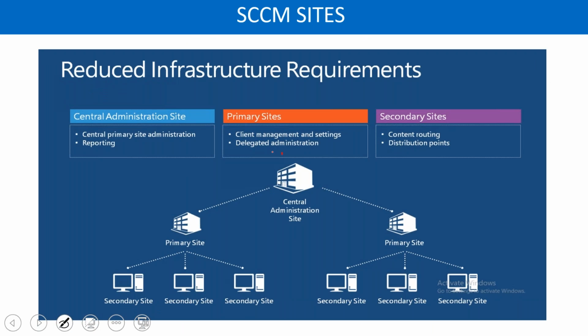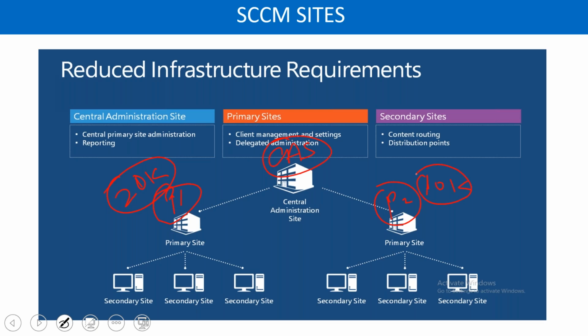Another architecture has CAS on the top, primary one and primary two. This is also very rare, but let's say you have 20,000 devices, and another like 10,000 devices. One primary can support up to how much? 175,000.